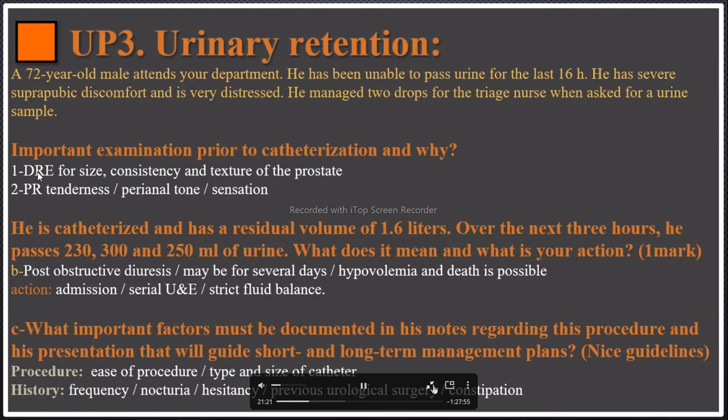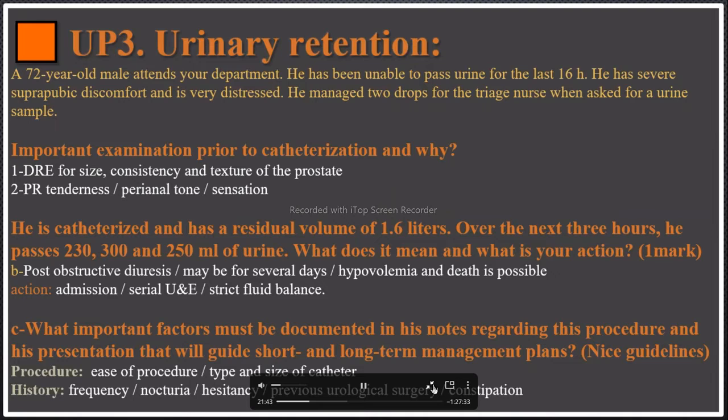Why digital rectal examination? It can be constipation also. To rule out neurological deficits. Maybe the patient has urinary retention because of a neurological deficit, right? Maybe he has cauda equina syndrome. Rectal tone, yes.